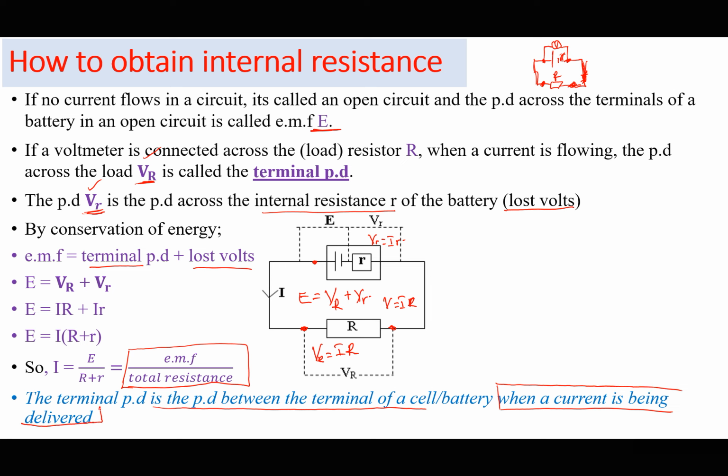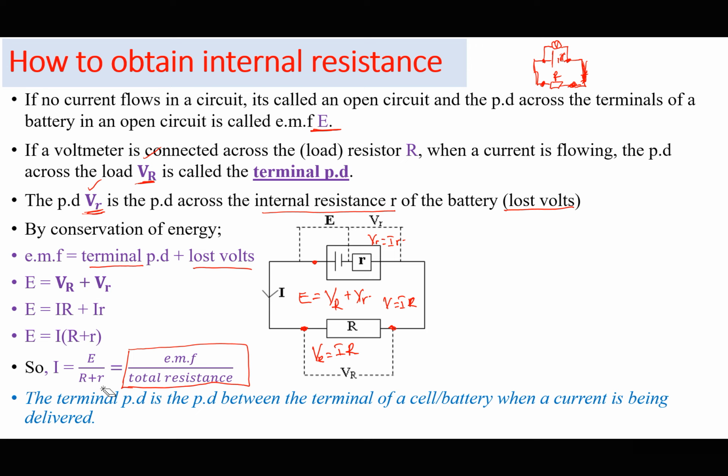That is the most important thing. The PD between the terminals of a cell or the terminals of a battery when a current is being delivered is the terminal PD. And the PD, of course, between the terminals of a battery when there is no current, that was the EMF. So you should now know the difference between terminal PD and EMF.